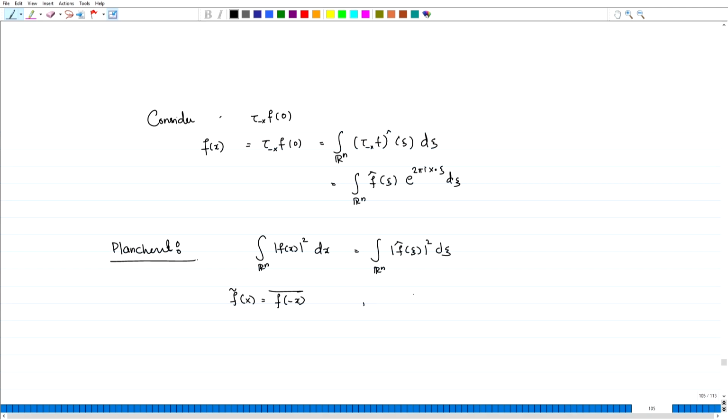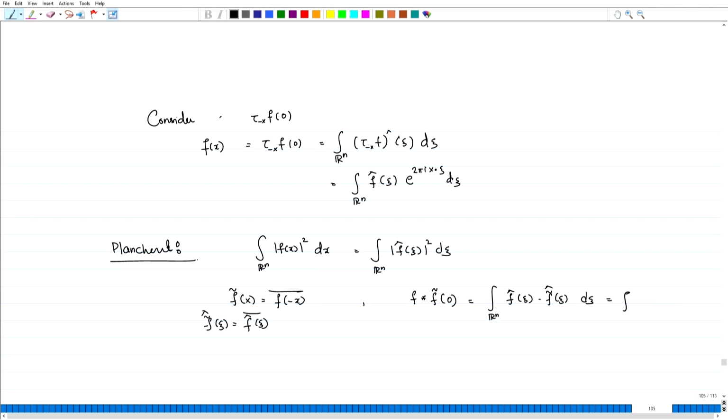Then what we have seen is that f convolution of f tilde at 0 is, by definition, the integral of f hat at xi times f tilde hat at xi d xi, and f tilde hat at xi, by simple calculation, we can easily see is f hat of xi bar.